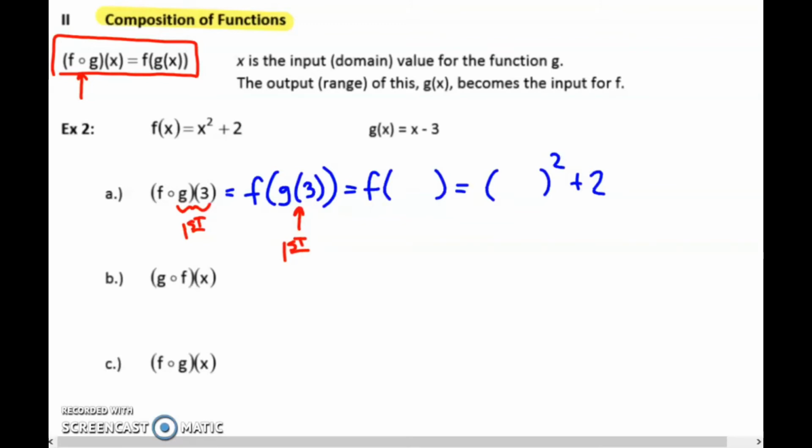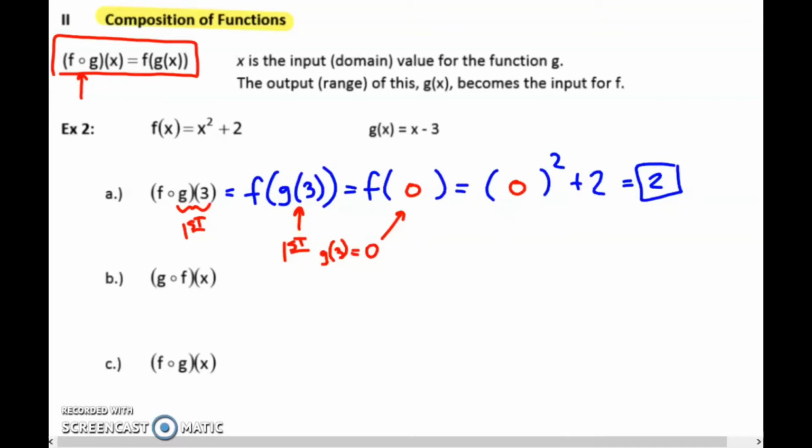So I'm going to take a 3 and put it into the g function. So g of 3, I'm going to write it out here, you don't really have to. 3 minus 3 is just a 0. So where does that go? That goes here. So now I evaluate f of 0, which means put in a 0. 0 squared plus 2 is just going to be 2.